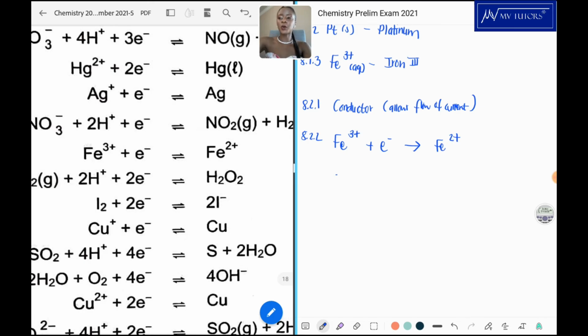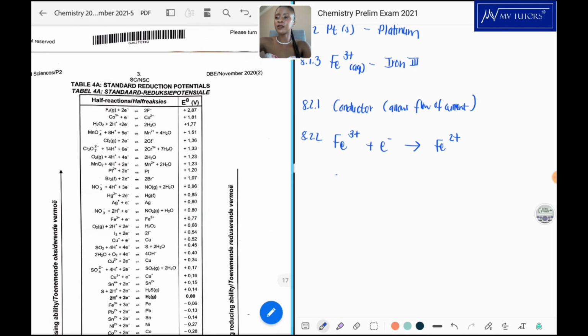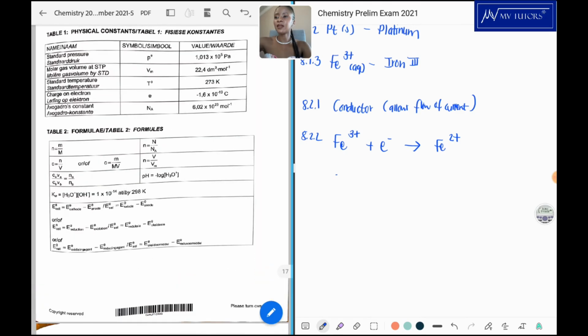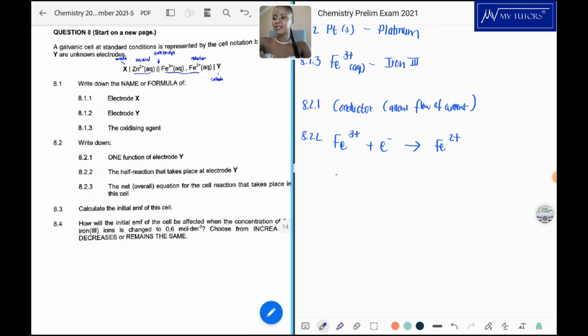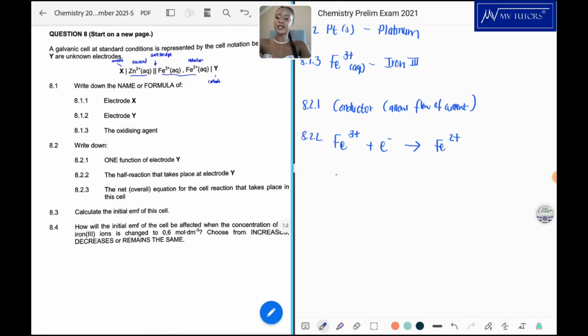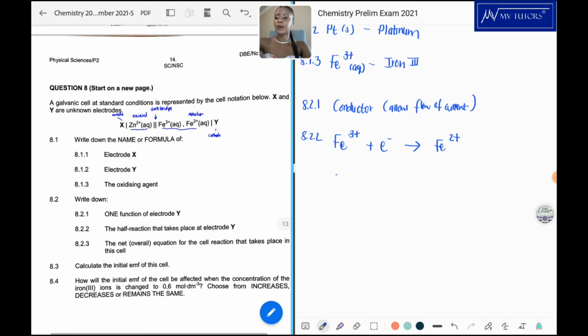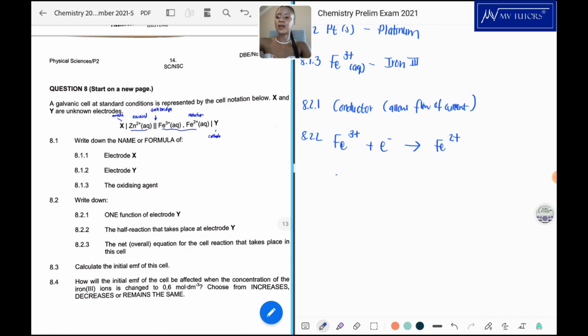But on the cathode side, you write it exactly as it is given in the table. So that is the half reaction that occurs. Let's go back to question 8. Yes, that's the half reaction that takes place at the cathode, because you can see it goes from iron 3 plus to iron 2 plus.